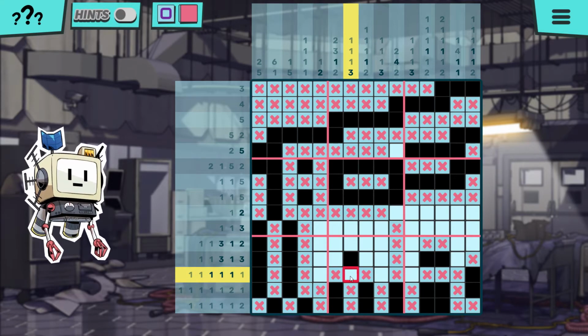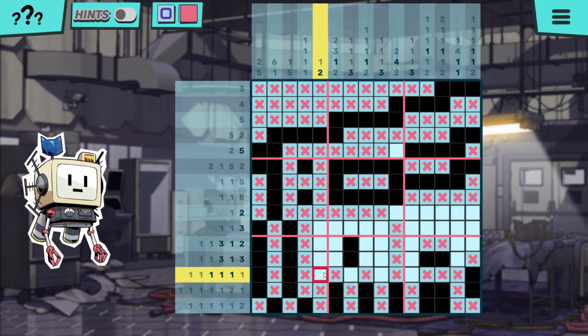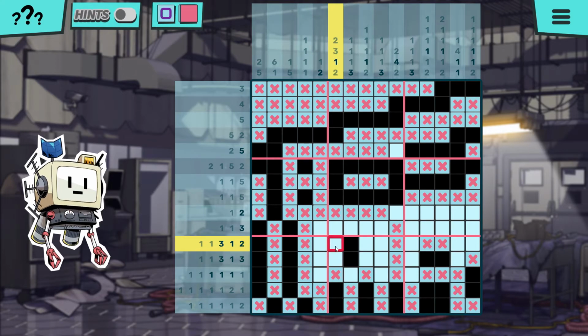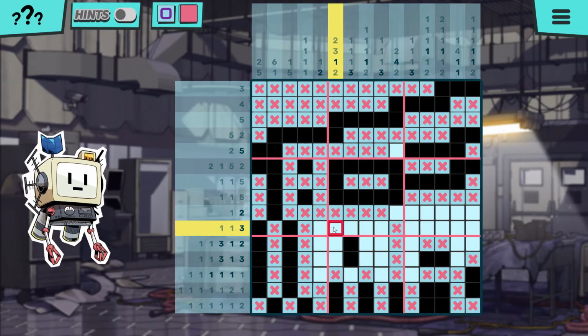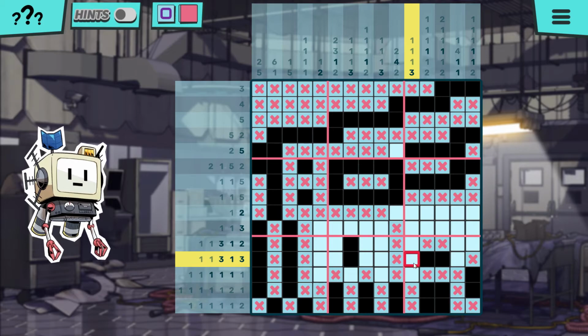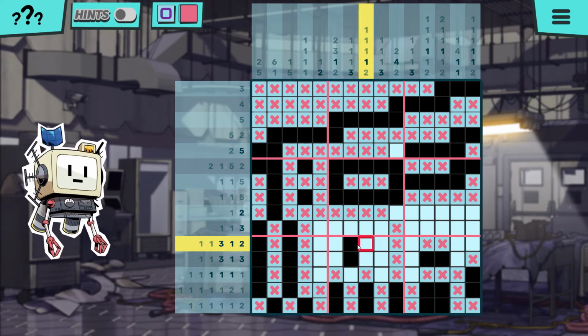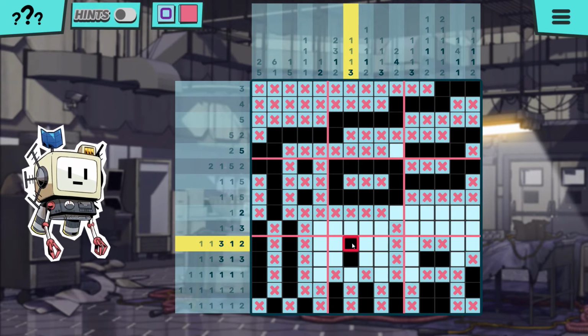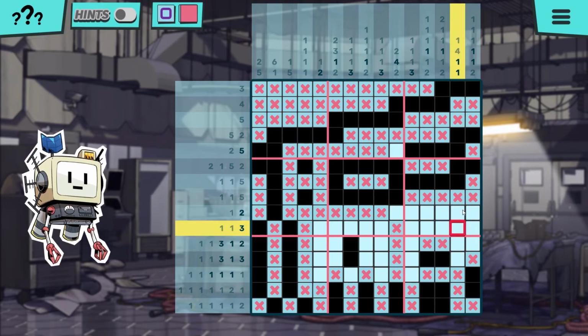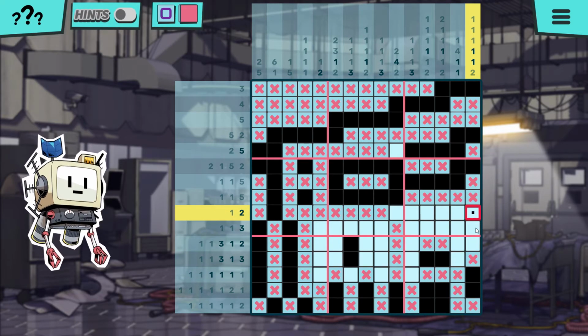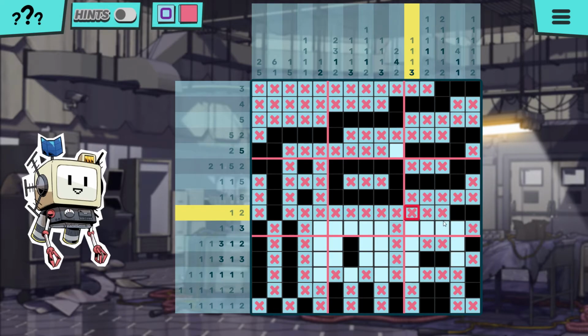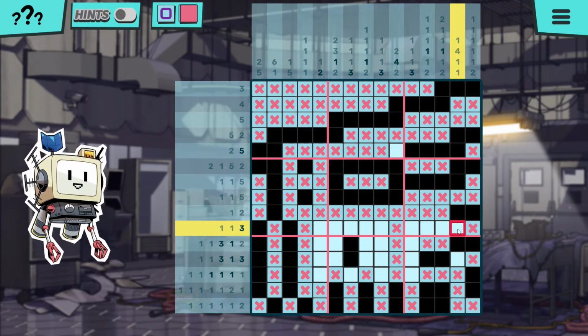This is all empty. That's a 3, so that has to go there as well. Well, if the 3 was here, we could have a blank 1 and a 2 over there, so I can't put that in yet. These are 1s. That's a 2. That's a 2.